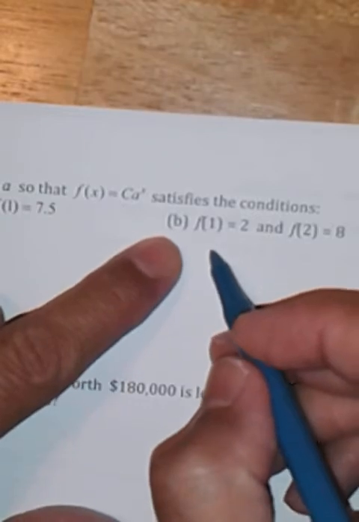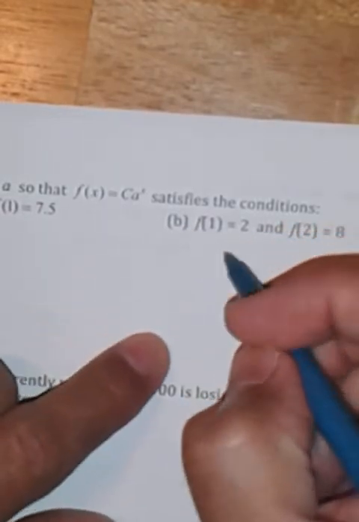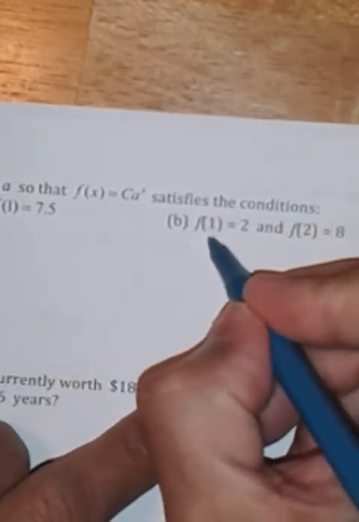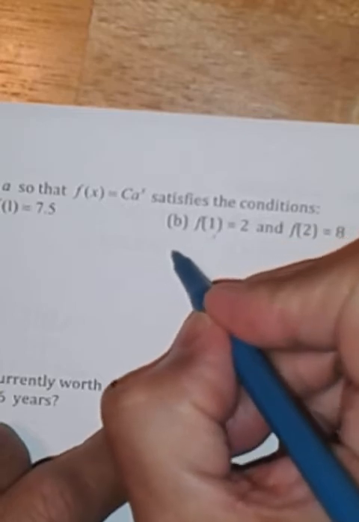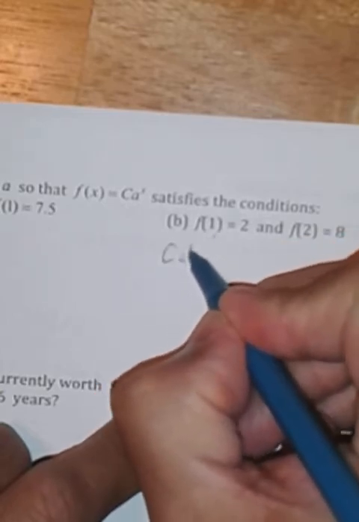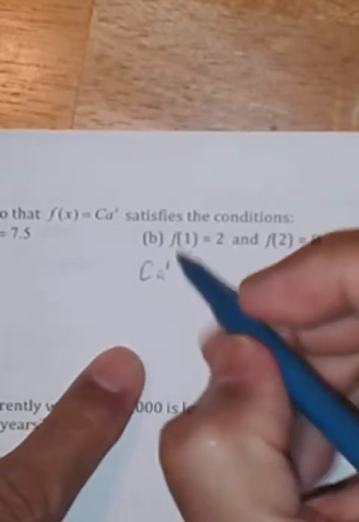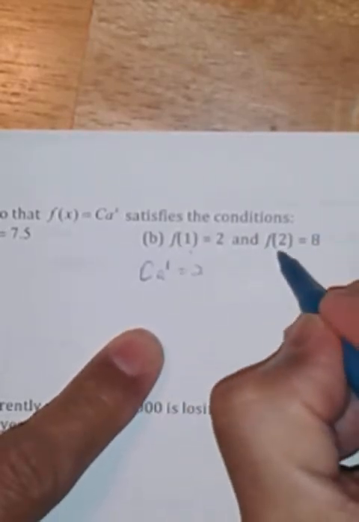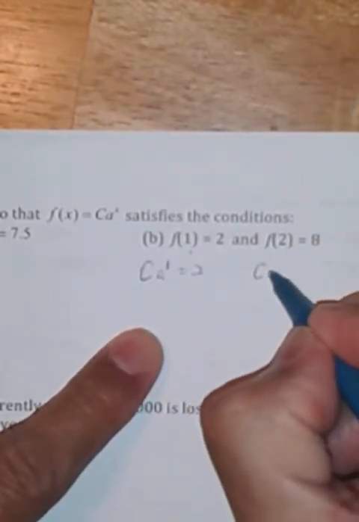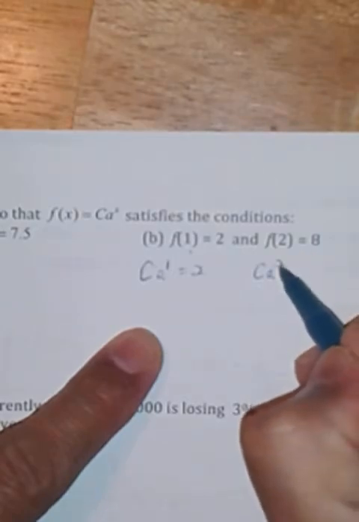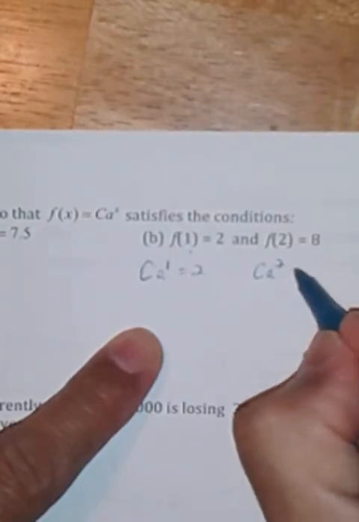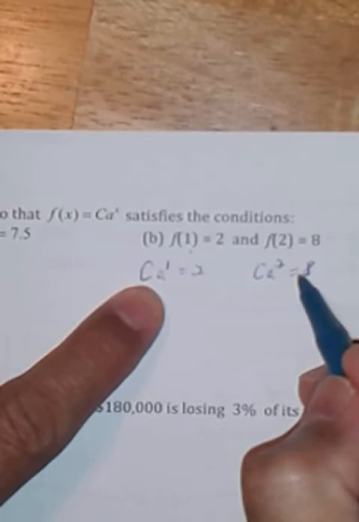So letter B says f of 1 equals 2, and f of 2 equals 8. First I write it this way. So f of 1 is c times a to the 1 power, equals 2. And f of 2 means c times a to the 2nd power, equals 8. Now I can write a fraction with these.